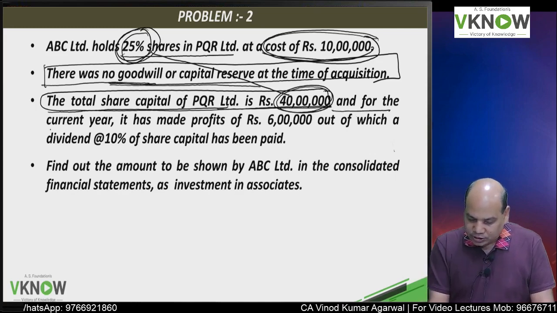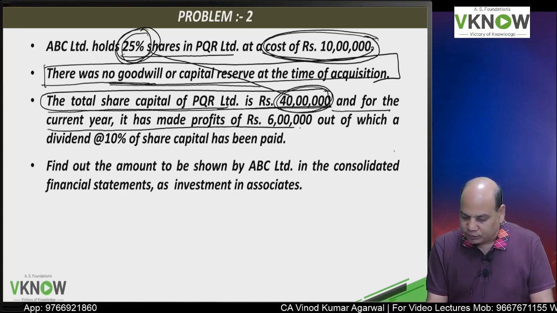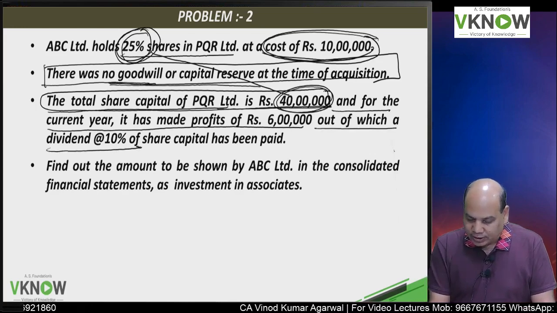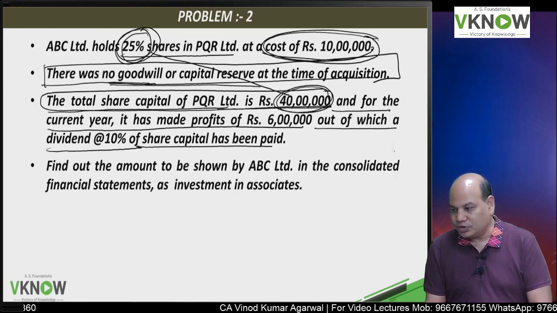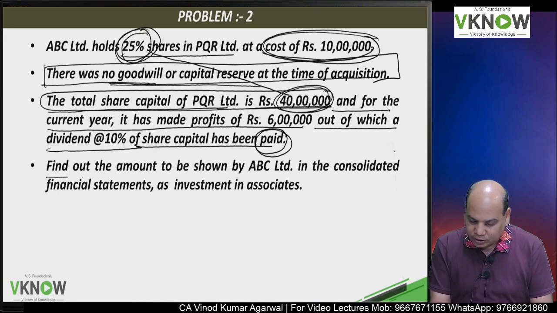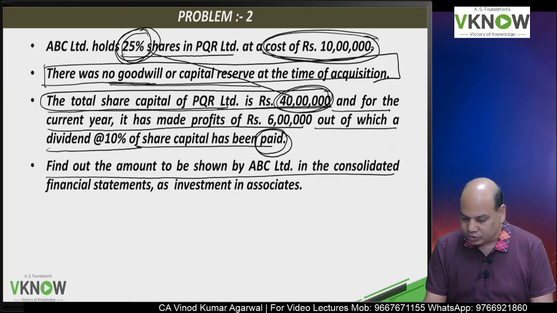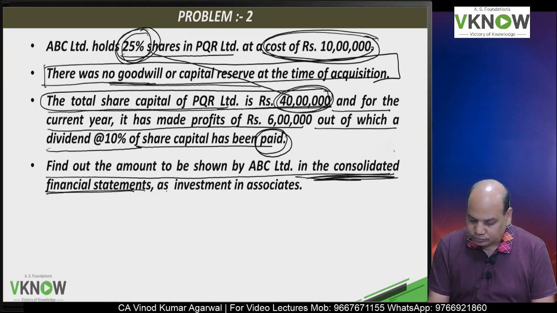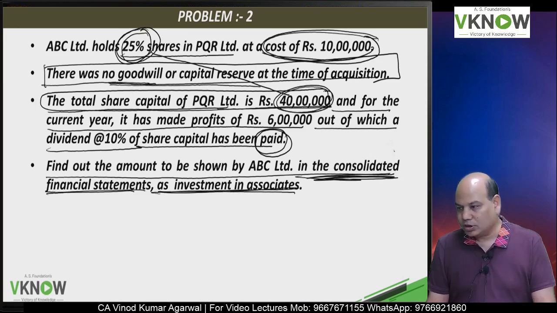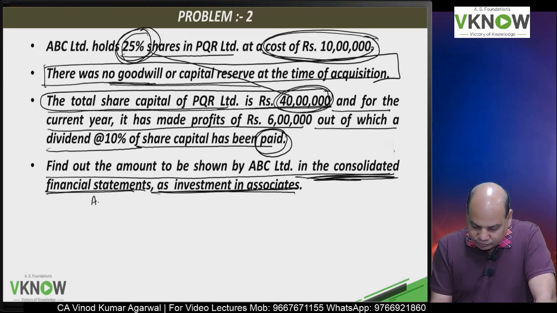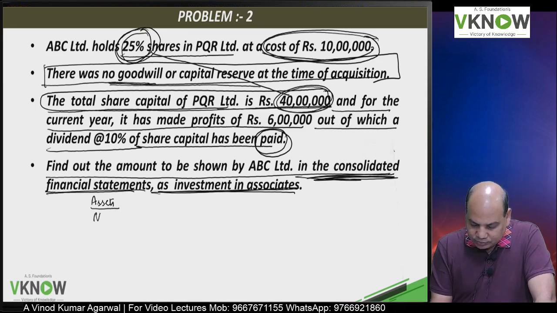And for the current year, it has made profit of 6 lakh, out of which dividend at 10% of the share capital has been paid. Find out the amount to be shown in the consolidated financial statement as an investment in associate.